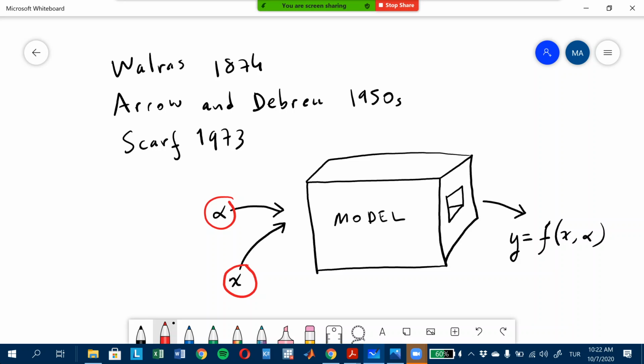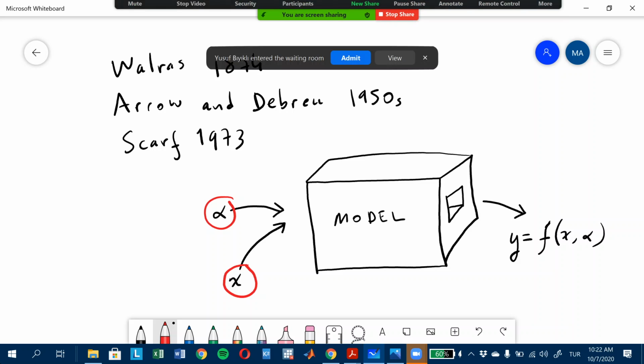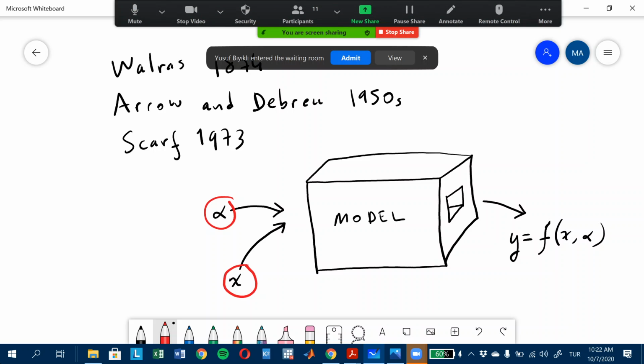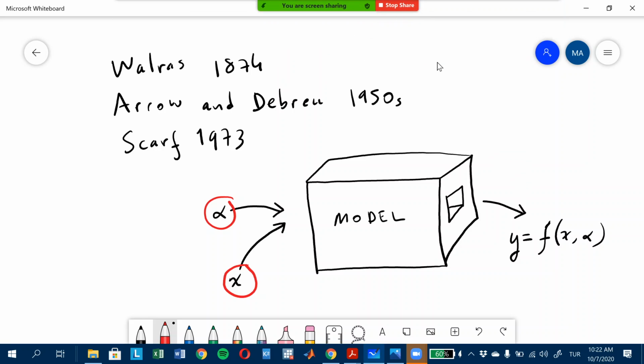All right, so the modeler or the economist or the theorist basically takes these values as given. So they can change in time. They can change from policy to policy. They could be variables that can be hit by shocks. Okay, but basically these are taken as exogenous variables whose values are determined outside the model.